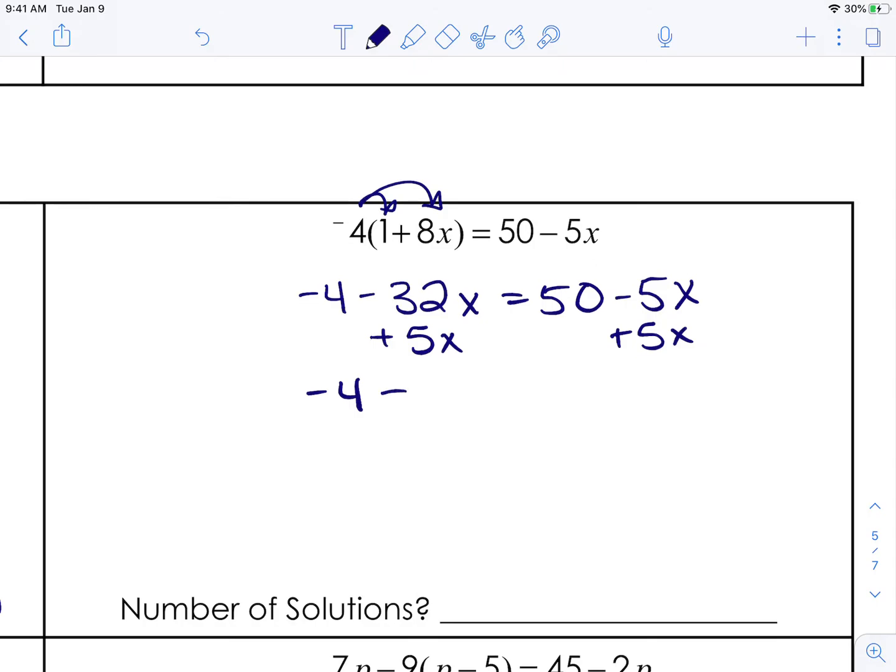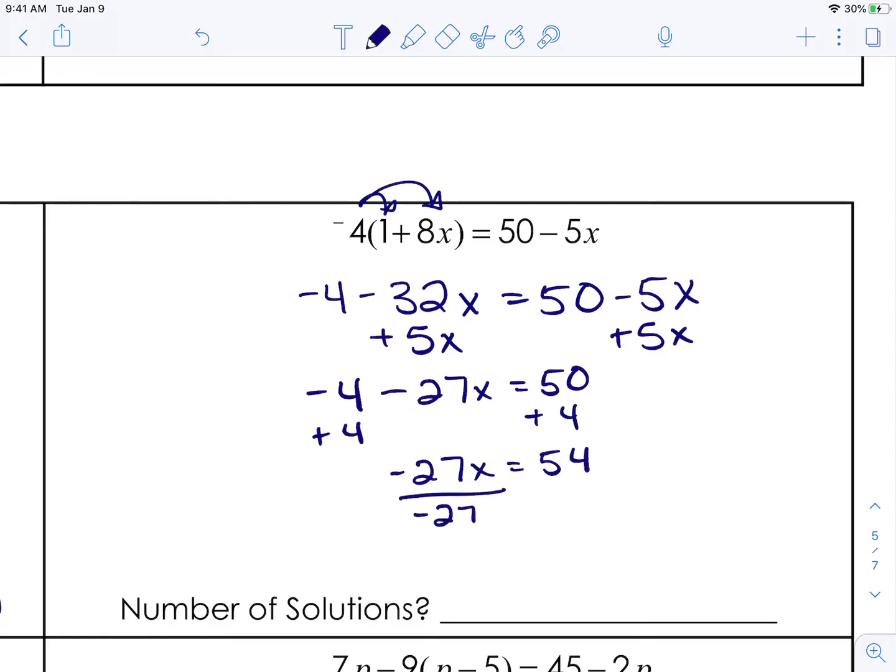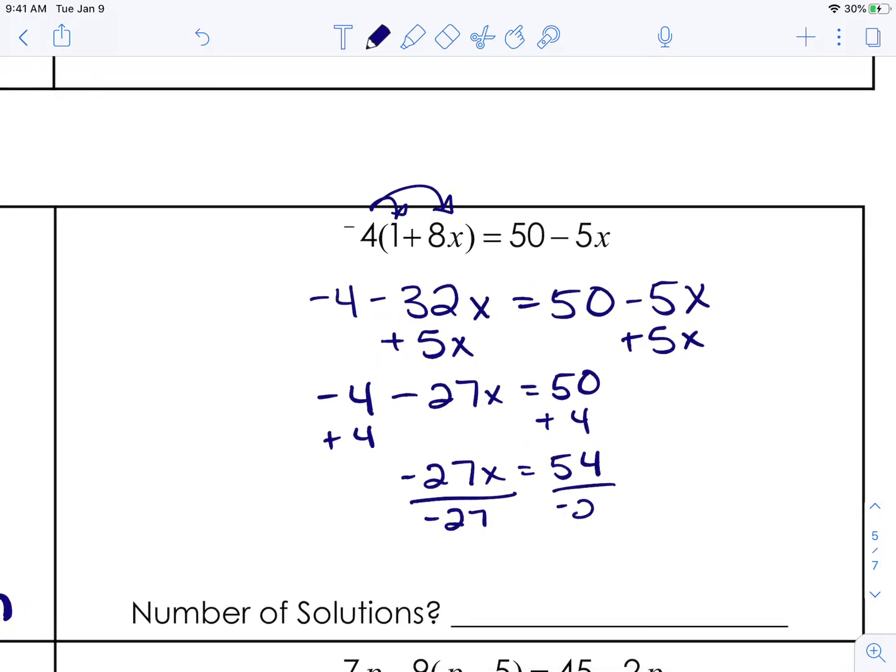Negative 4 minus 27x equals 50. I'm going to get rid of my 4 by adding it. Negative 27x is equal to 54. Divide by negative 27. x is equal to negative 2. So how many solutions are here? 1. There is only one solution to this equation.